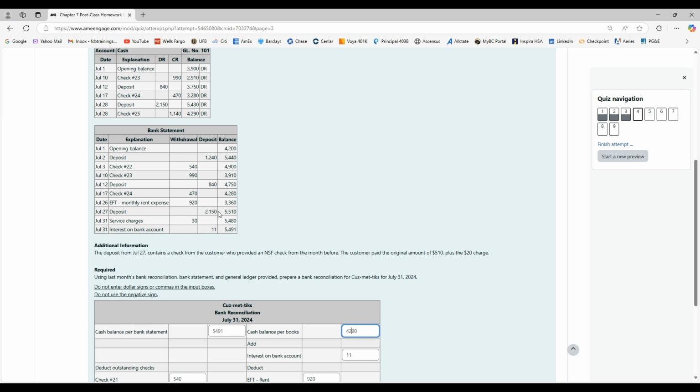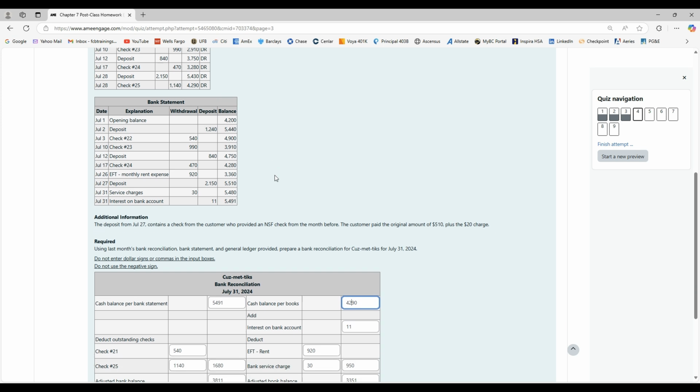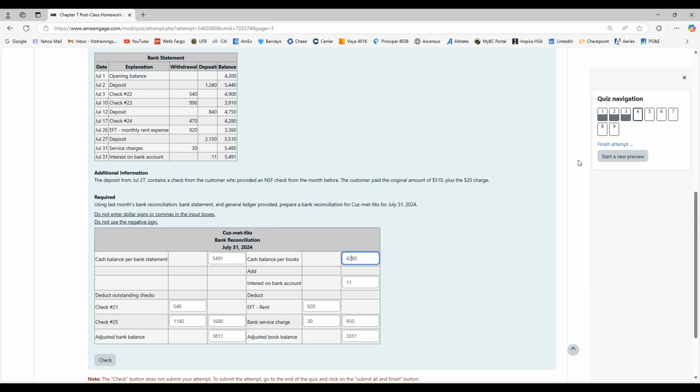That does not show up on there. But that's 4290 plus 11, plus 11 minus 920 minus 30 gets us 3351. Let me make sure I did this part right.